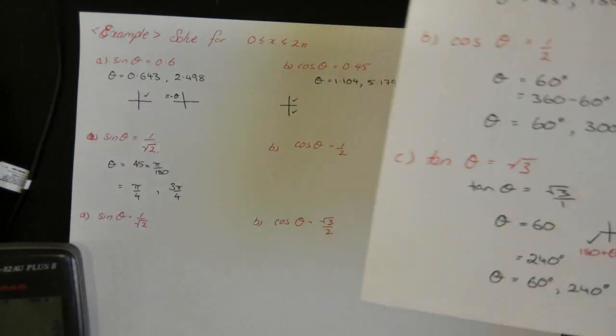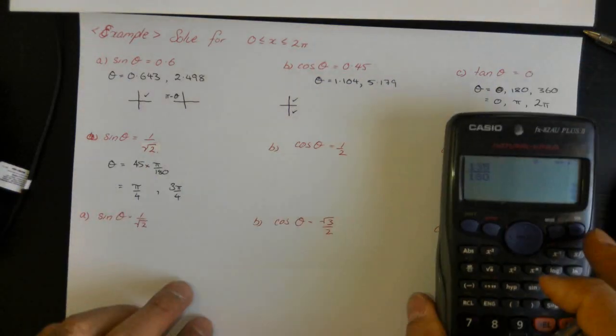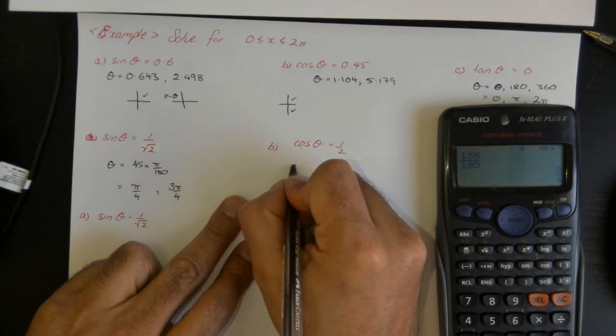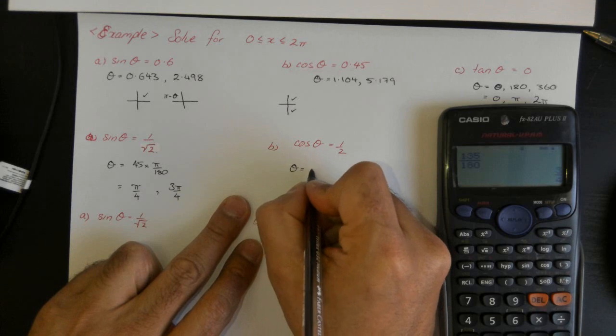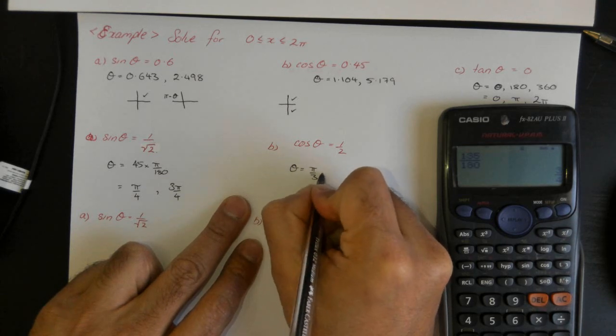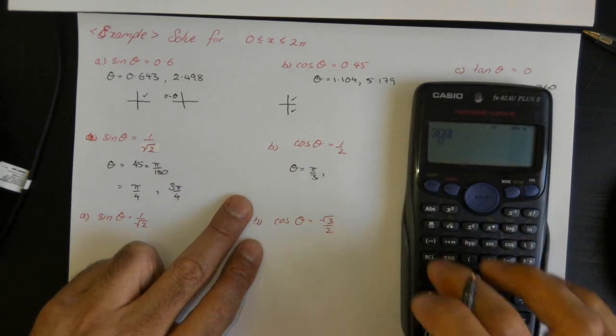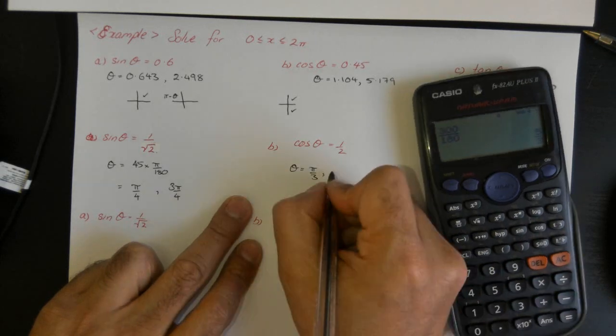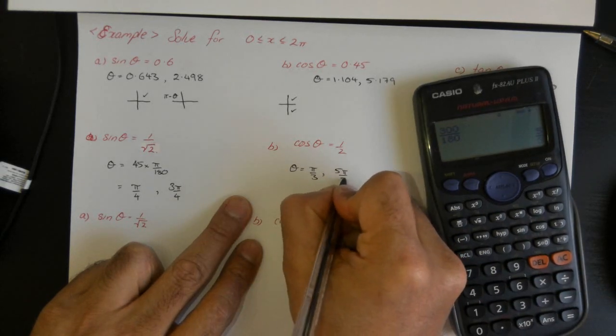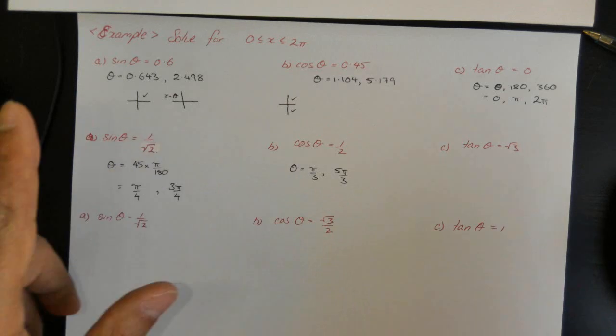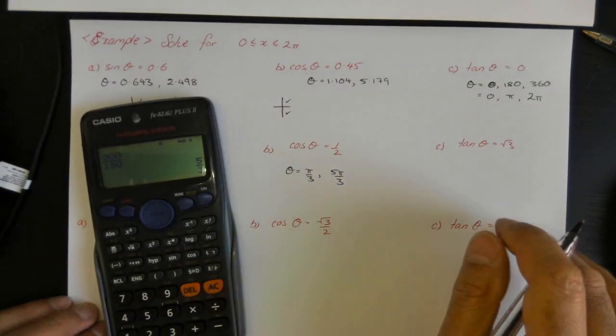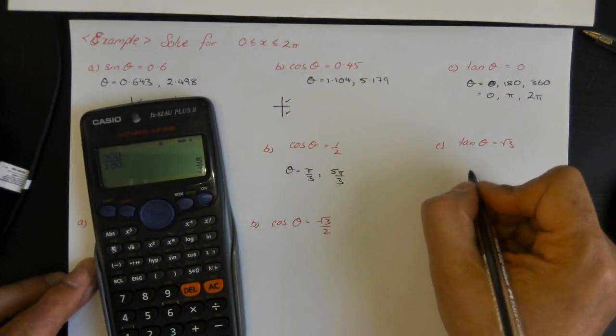I'm just converting these solutions. So we had 60, which is going to be pi on 3, and we had 300, which is 5 pi on 3. And you can go back to the solutions that I've done before. So this is going to be 60 as well.